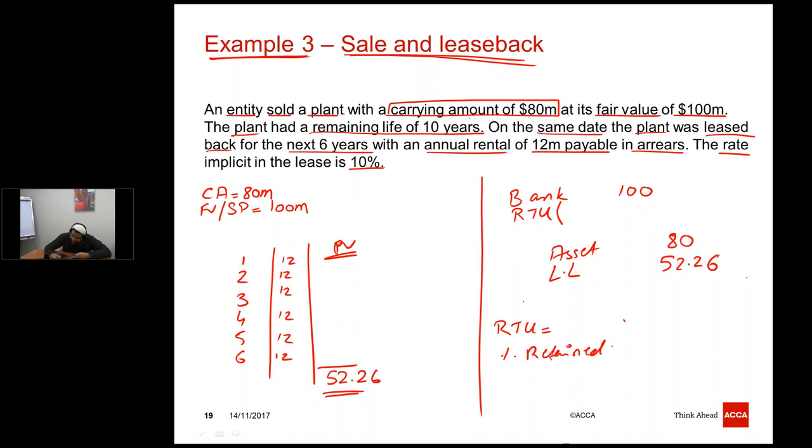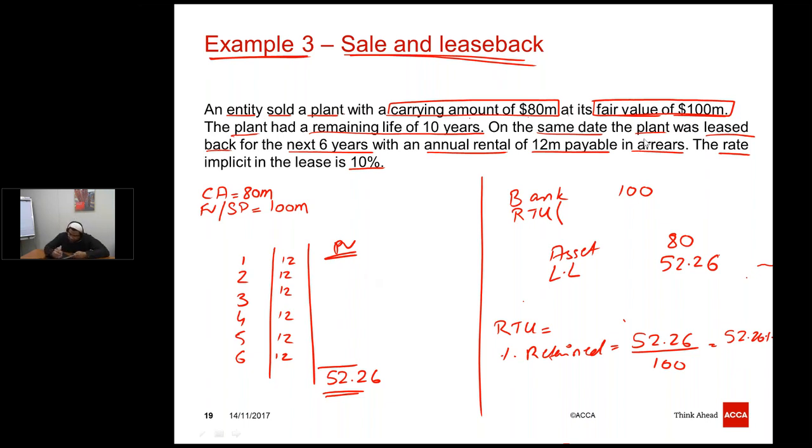The percentage retained is going to be the lease liability of 52.26 divided by 100, which was the fair value of the asset. So 52.26% is the percentage that we have retained. Thank you, Saad.